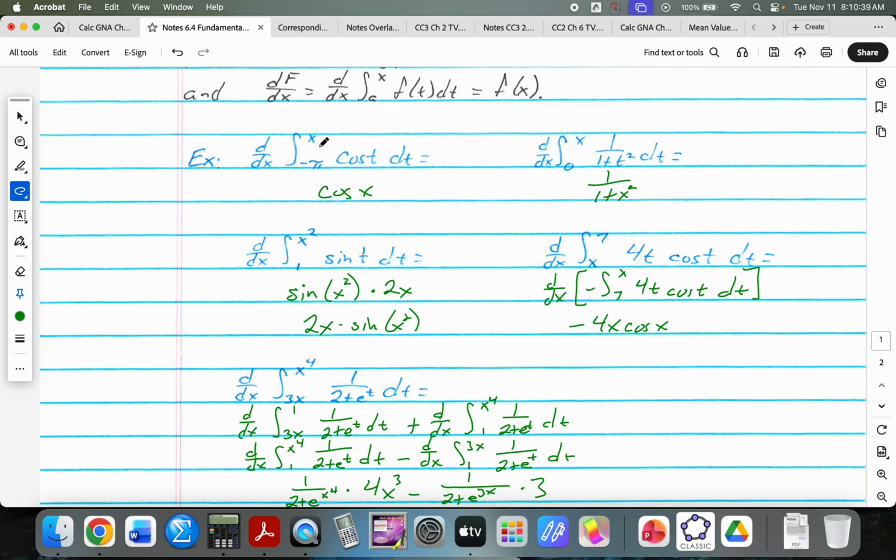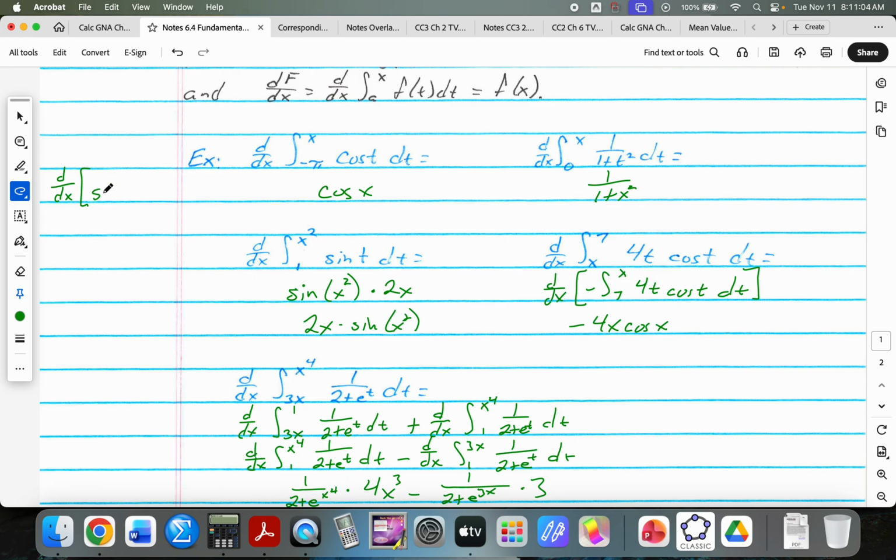So if I was to actually do the evaluation part, don't worry about writing this down, it's going to be messy, but I'd have the derivative with respect to x of, by the second part of the fundamental theorem, what is an antiderivative of cosine? Sine.